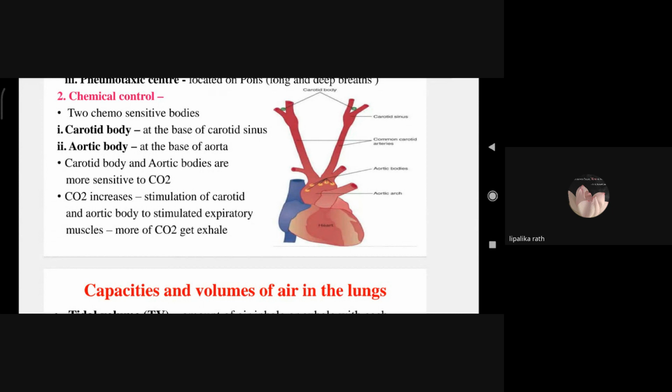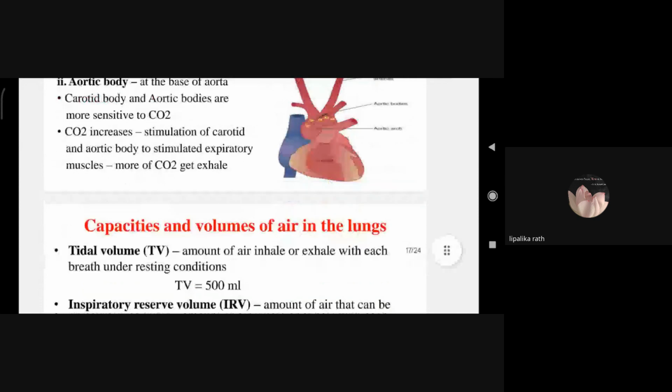That is the sensitivity of the carotid body and aortic body towards carbon dioxide.